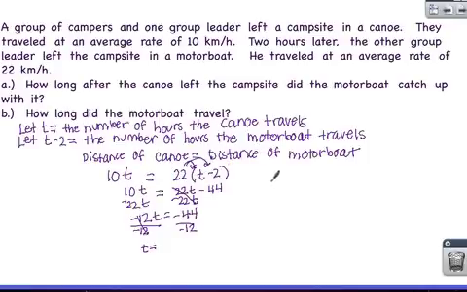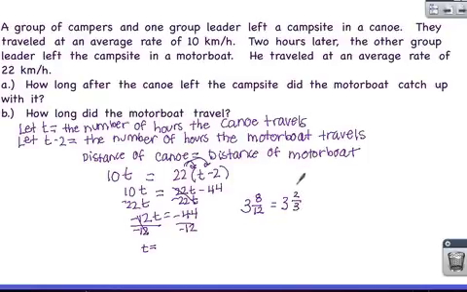Now 44 divided by 12, we know that 12 goes into 44 3 whole times, which leaves us with 36. That gives us 8 remaining out of 12, which we can reduce by 4 to get 3 2/3.